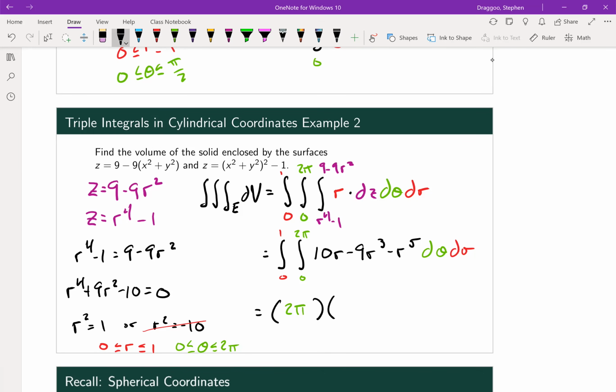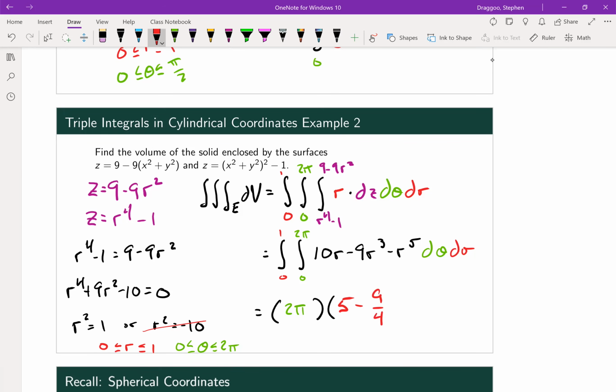And if we integrate that r thing and plug in 0 and 1, we should get 10r squared over 2, which will be 5r squared, times 1 is 5, minus, integrating 9r cubed, we'll get 9r to the fourth over 4, plug in 1, and we get 9 over 4.